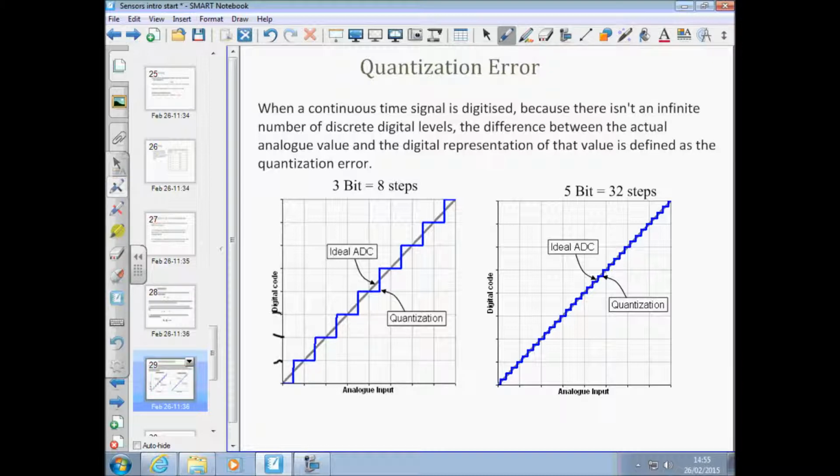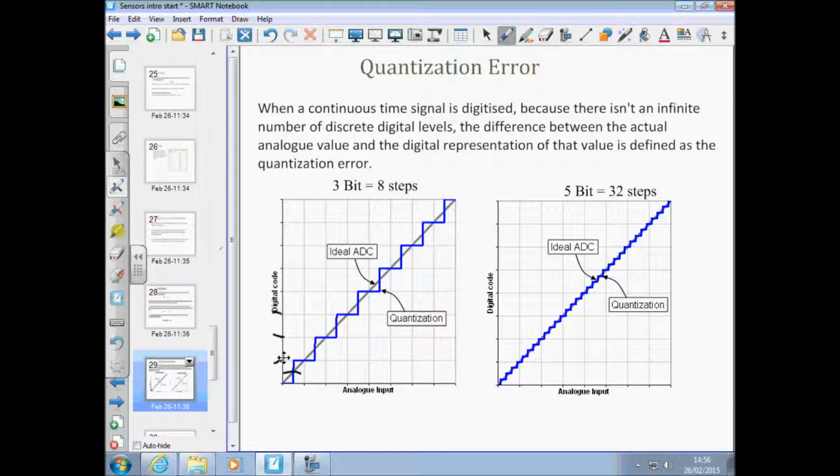If these steps are 1 volt each, then at any point we've got an error that could be plus or minus half a volt. The only time it's exact is when it's halfway up the step.